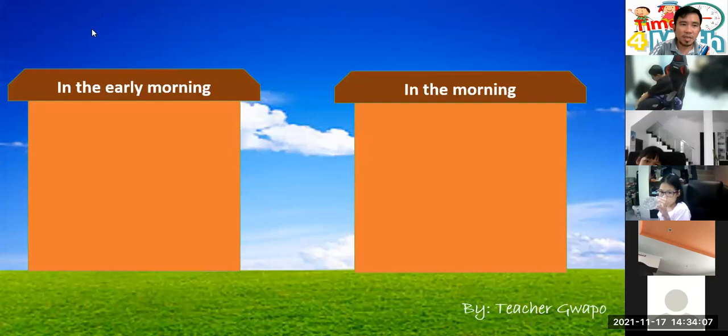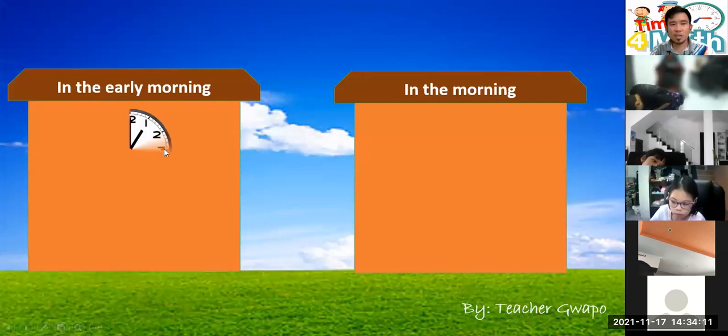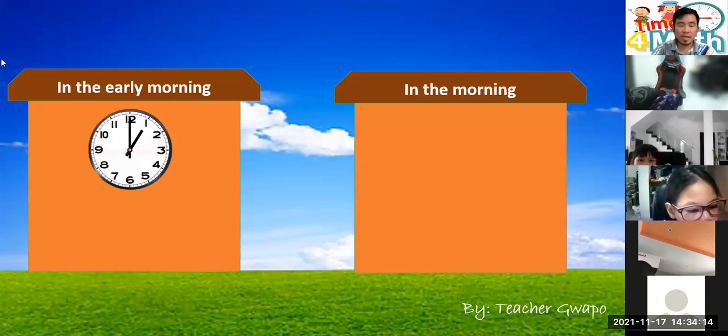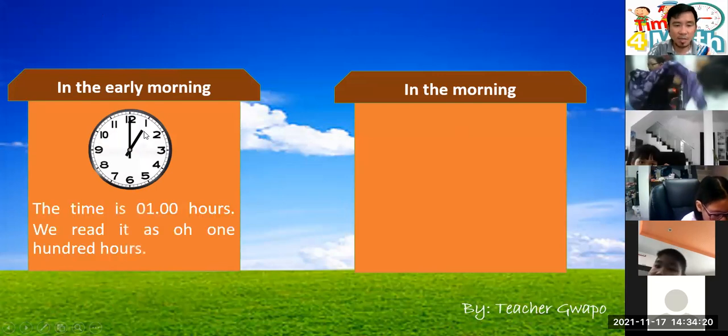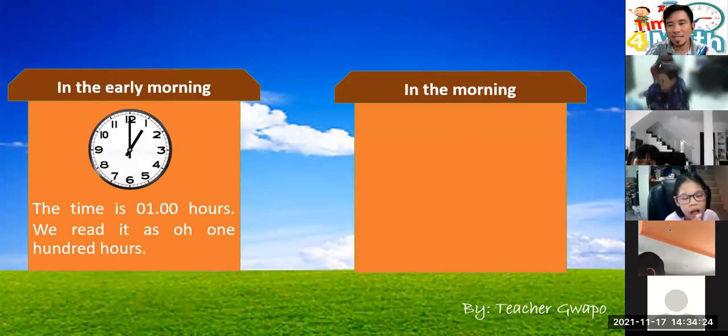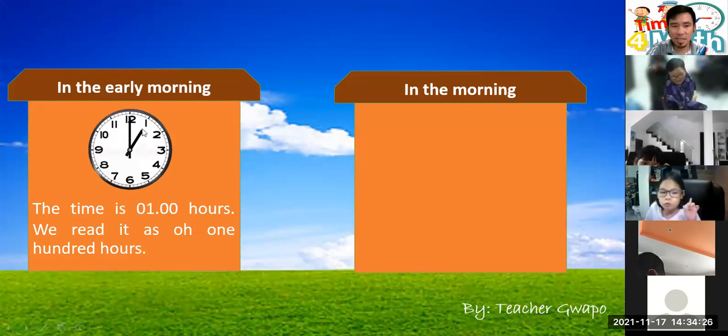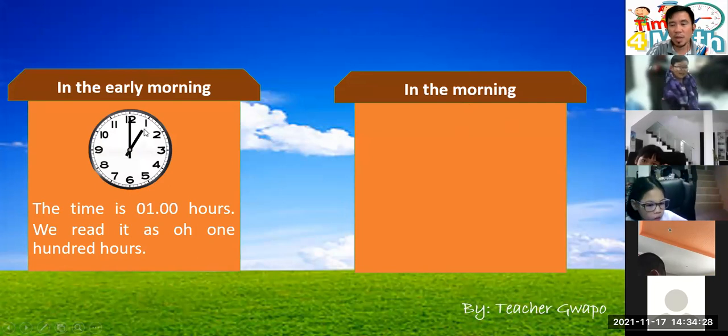Now let us compare and watch these clocks. This one is in the early morning, and here we have 1. This one, 1 hour, we can read as 100 hours. The hour hand is pointing to number 1.